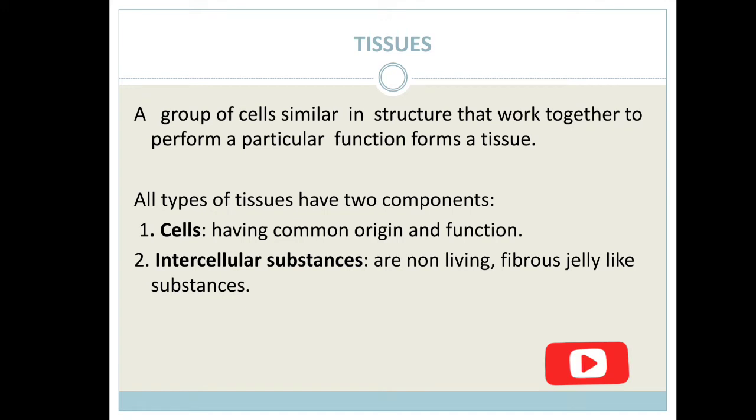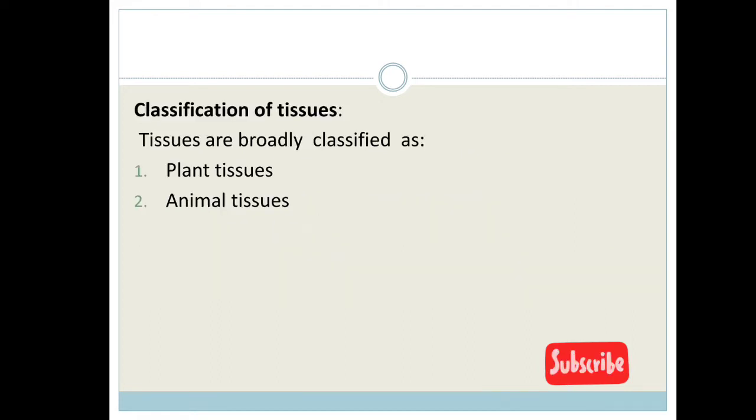The first is the cells, which have a common origin and function, and the second is the intercellular substances, which are the non-living, fibrous or jelly-like substances. So the cells and the intercellular substances are the two components of all types of tissues.